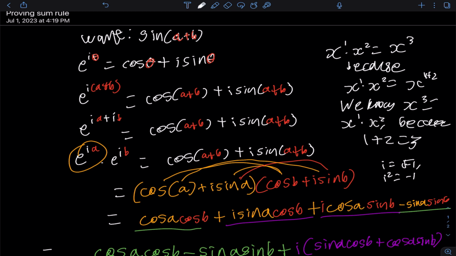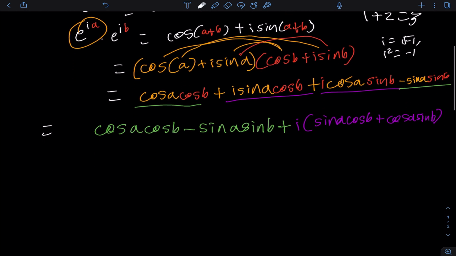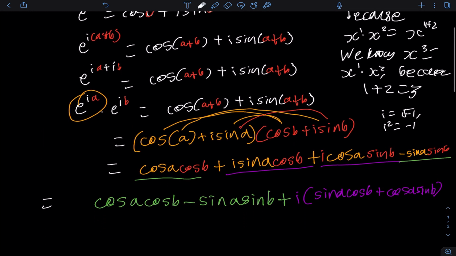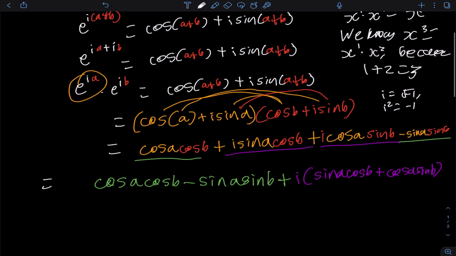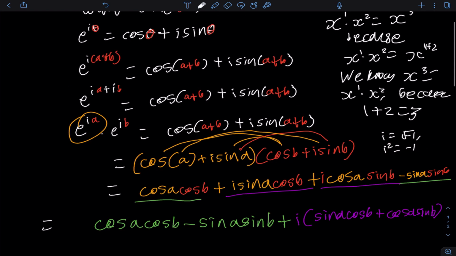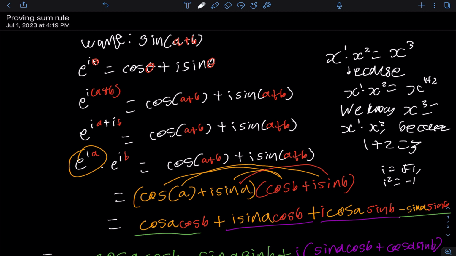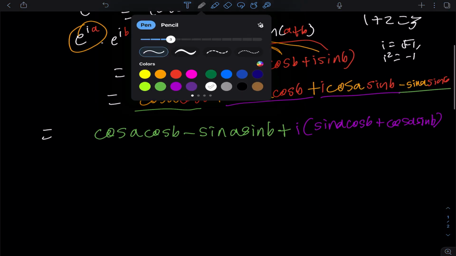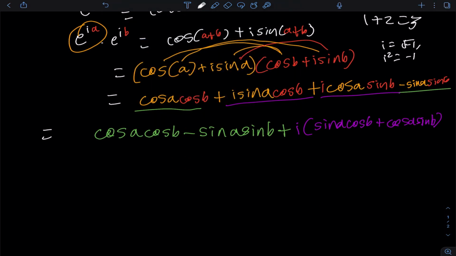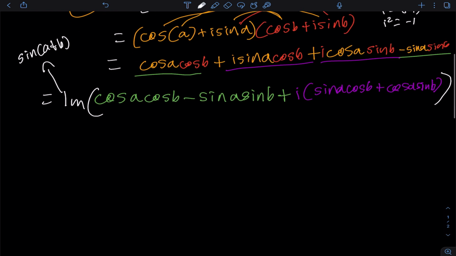So what do we need to do to figure out each trigonometric function's summation identity? We need to just take their respective part of the number. So we wanted to find sine of A plus B. We see that sine here is the imaginary part. So we just need to take the imaginary part of this entire expression to figure out sine. And I'll put a note here that sine of A plus B is this imaginary part.